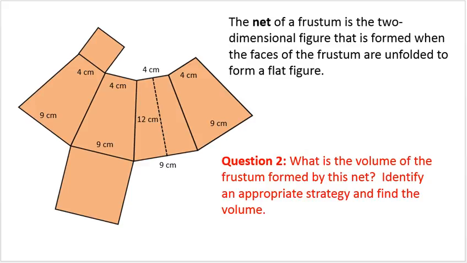So given these dimensions, and just the net of the frustum, can you find the volume of the frustum that's formed by this net? Imagine if I folded this back together to create a frustum, what would be the volume of this frustum? Identify an appropriate strategy, how would you go about solving this problem? And then, for the extra for experts, what would be the volume of this frustum?